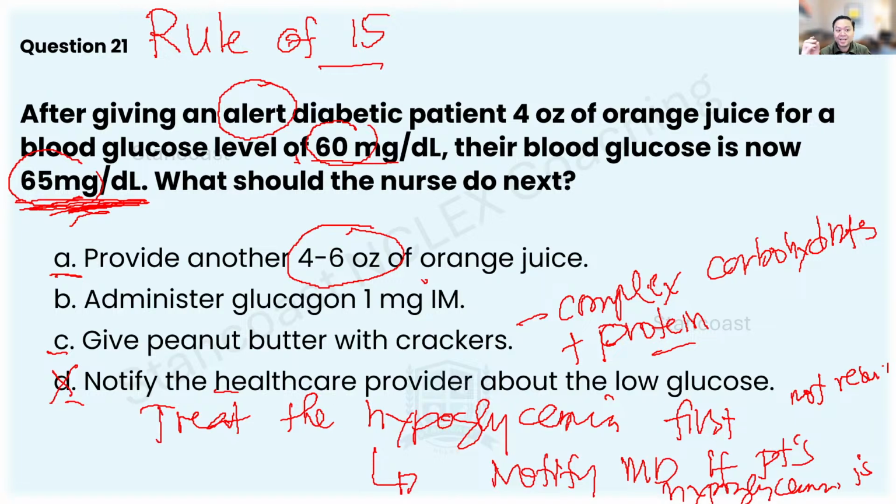But again, our role here is to do the rule of 15 to stabilize this patient's low blood sugar. Take note, guys, our letter C is only intended when their blood sugar has already been stabilized. The use of complex carbohydrates and protein is only effective if they're stable already. But before that, if they're still hypoglycemic, we're going to do the rule of 15.